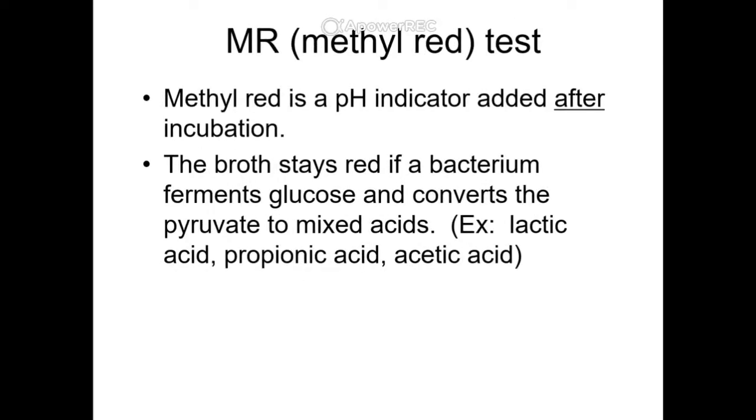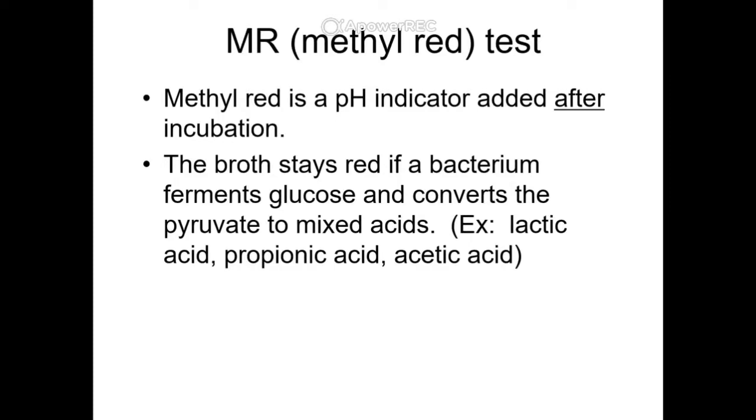The first half is the methyl red test. Methyl red is a pH indicator that's often used in growing bacteria in different mediums. In this particular example, the methyl red pH indicator is added after incubation, and if the broth stays red, then the bacterium ferments glucose and converts the pyruvate from that process to mixed acids.